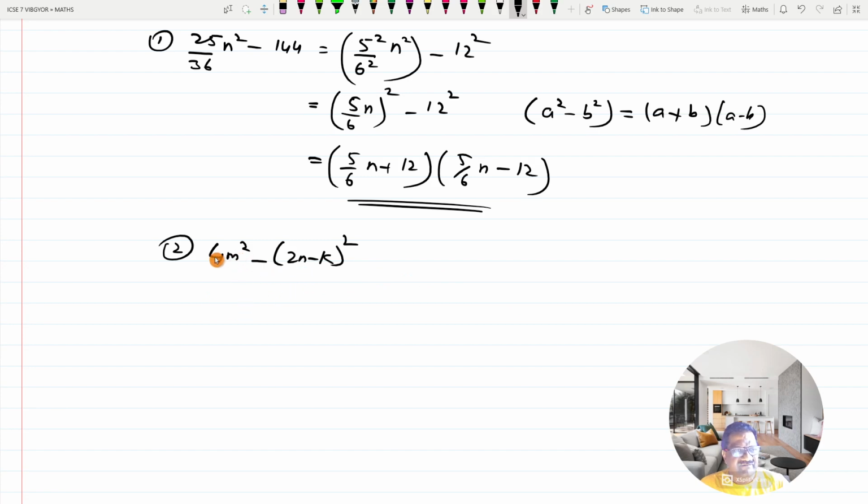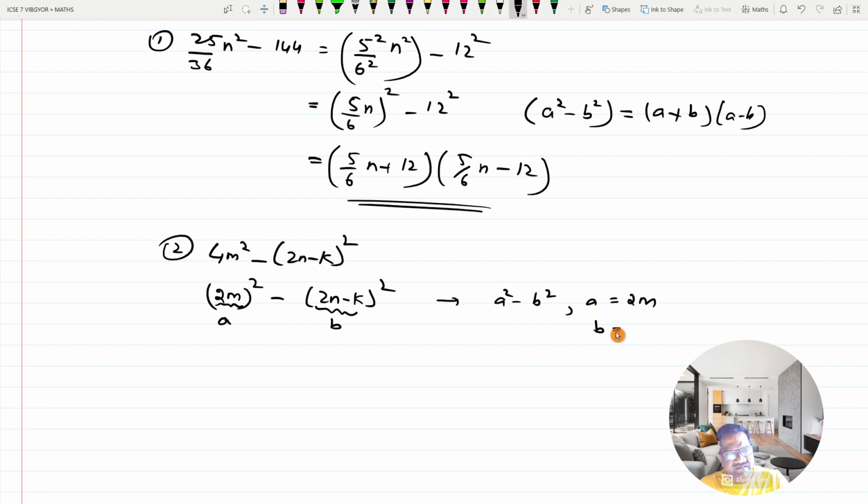In fact, this 4m square, if you write it as 2m the whole square, that will be better. And this you can write as 2n minus k the whole square. Now, this happens to be my a, and this happens to be my b. So this is of the form a square minus b square, where a is 2m and b is 2n minus k. That's it.